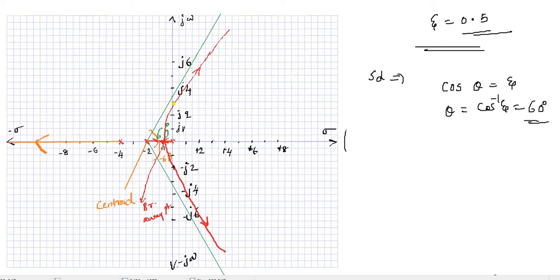From this point, take the angle between the negative real axis and the line as 60, and mark a straight line corresponding to that.